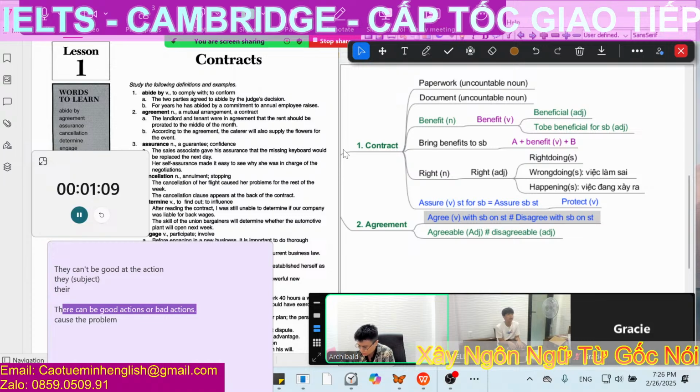So your employer can assure all your rights and benefits for you.